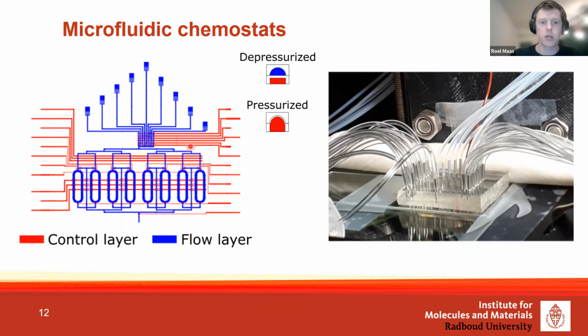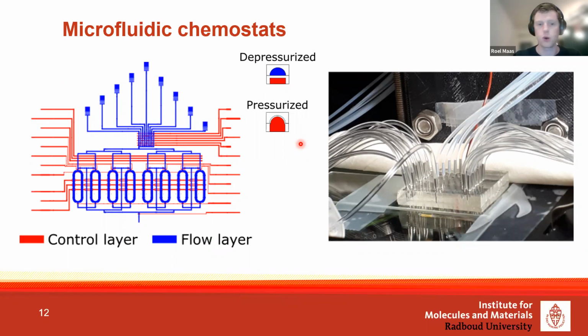Using the control layer, we can control the flow in the flow layer, and that works like this. Whenever there's an intersection between a control line and a flow layer line, when you pressurize the control layer, it bulges up a little bit of PDMS, which is in between those 2 layers, and that results in the flow in that specific lane being stopped.